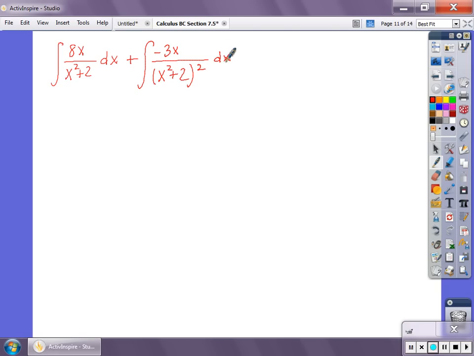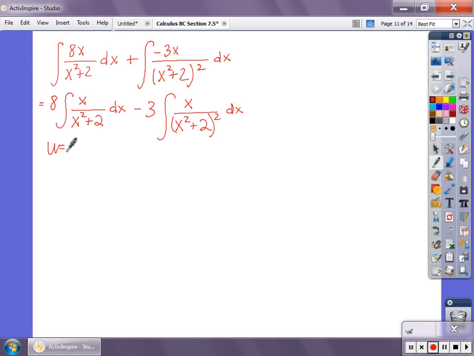Okay, so we'll go ahead. I'm going to take out my 8 here. Integral of x over x squared plus 2 dx. Take out the minus 3 x over x squared plus 2 squared dx. For this integral, we're going to let u equal x squared plus 2.